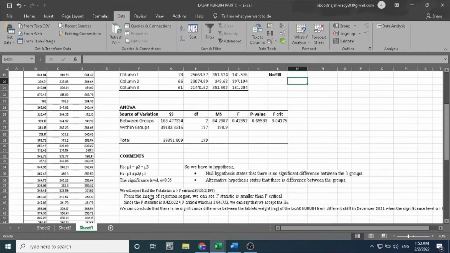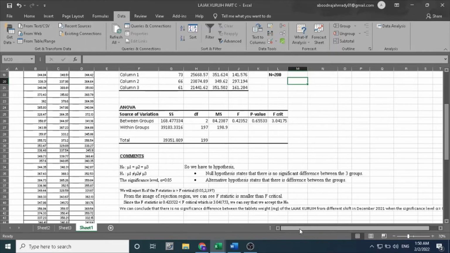We will reject H null if the F statistic is bigger than the F critical at 0.05, which is 2.197. Here we can see that the F statistic is actually less than the F critical, which means that we fail to reject H0.